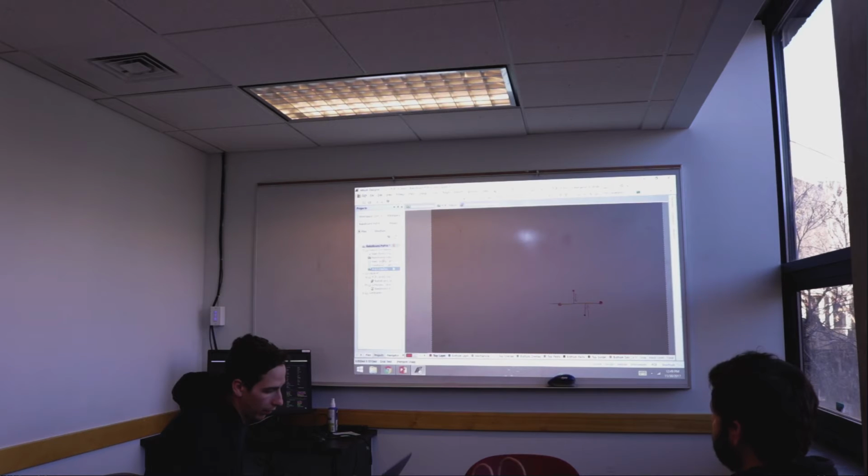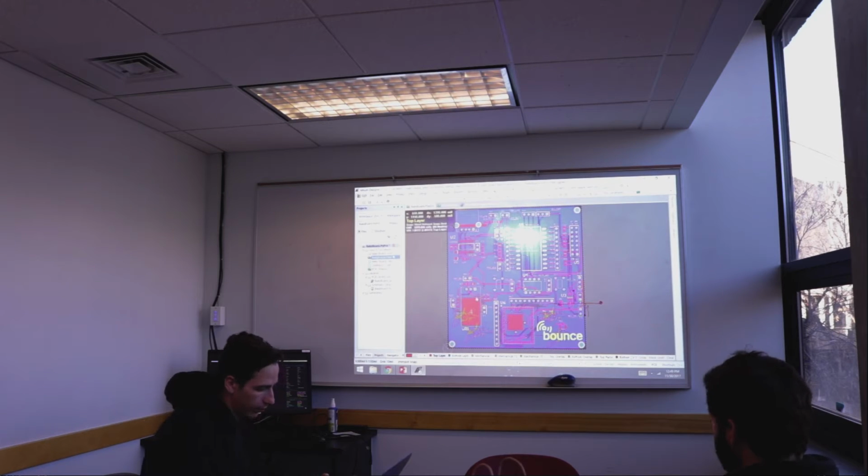So right here is where I could see a lot of problems. Our ground and signal paths, when we started routing these lines, it breaks up our signal return path.